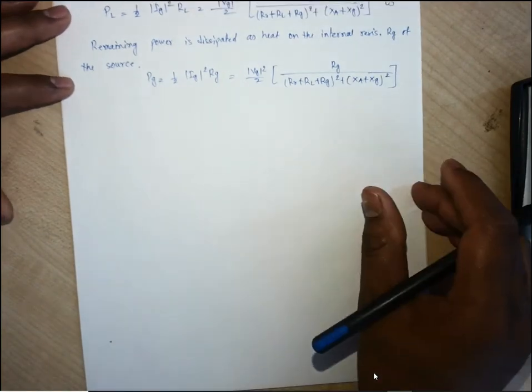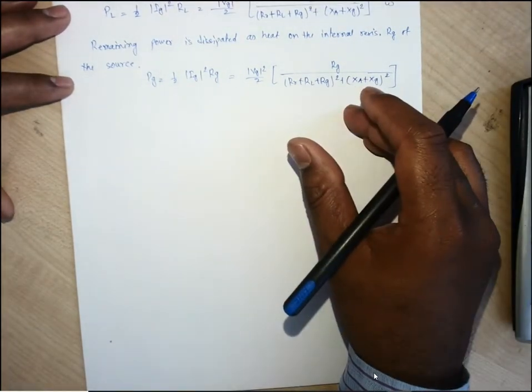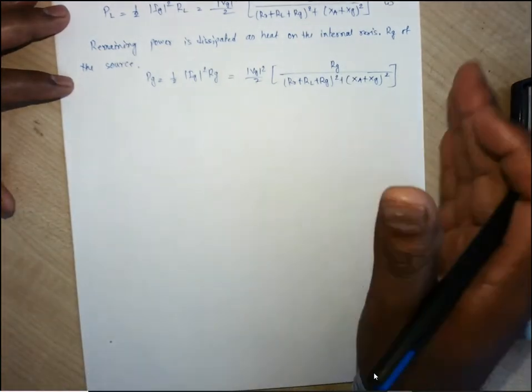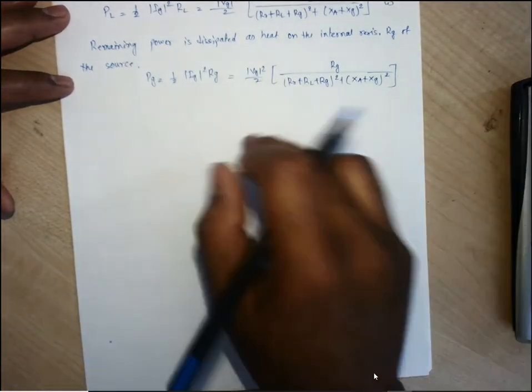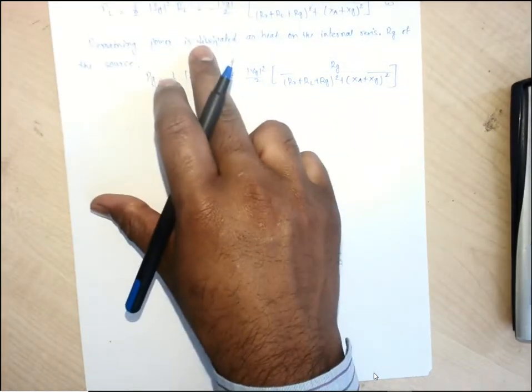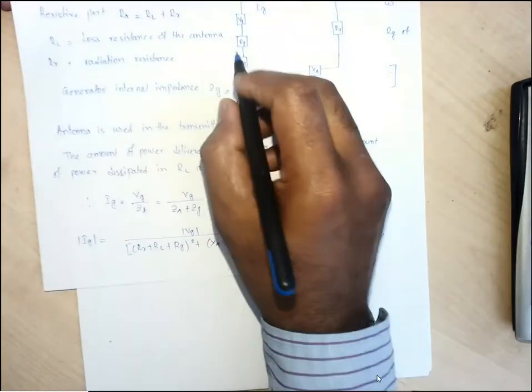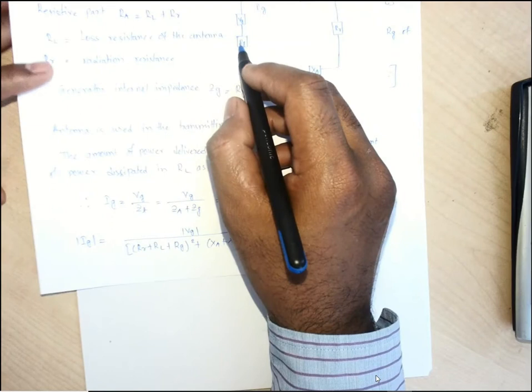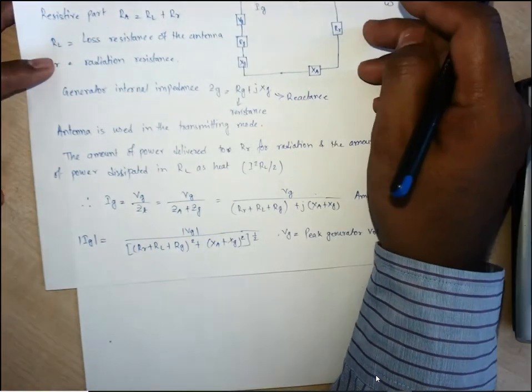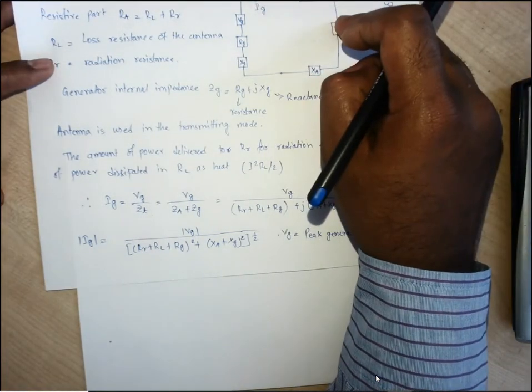Now from the maximum power transfer theorem, we know that maximum power is delivered when the series resistance is the same as the load resistance. Here the series resistance is our source resistance. If this source resistance is similar to the antenna resistance, then maximum power will be delivered to the antenna.